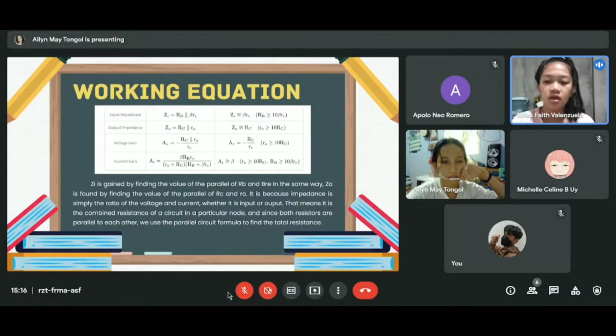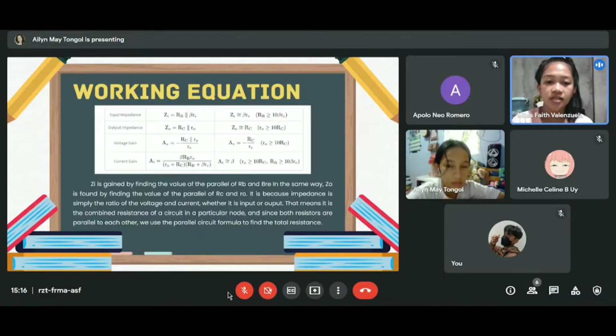In our case, we only have to focus on the three equations, which are the input impedance, output impedance, and the voltage gain as shown in the picture. Zi is found by getting the value of the parallel of RB and beta Re. In the same way, Zo is found by getting the value of the parallel of RC and Ro.